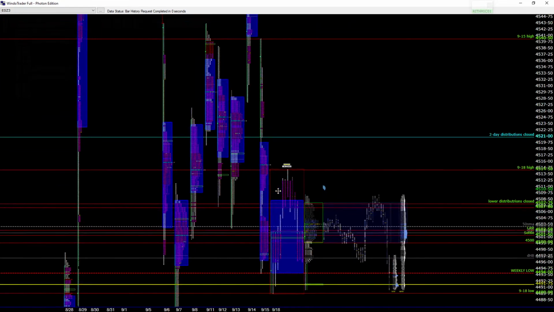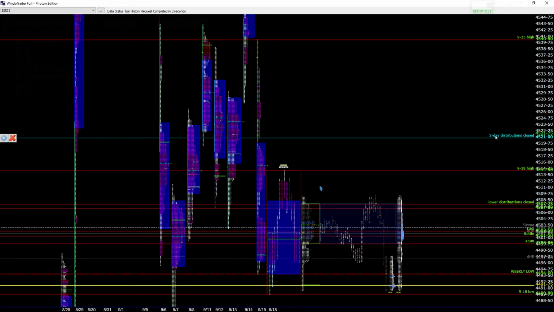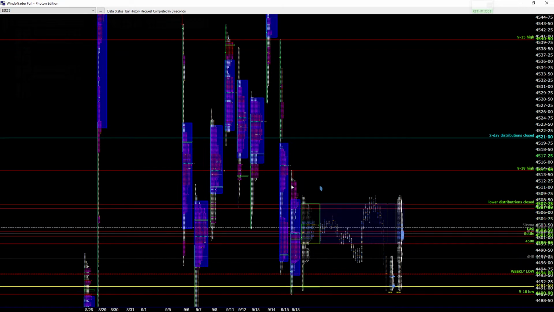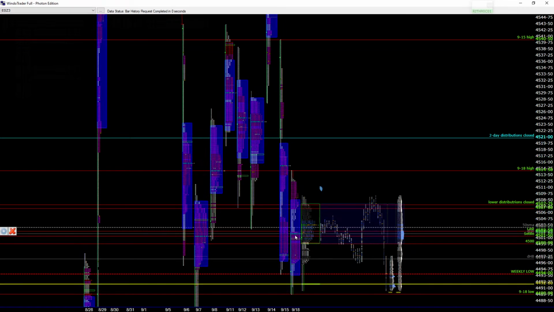And I will carry these distributions here, because what I see here is 1 day, 2 days, 3 days. Yesterday closed the lower distributions, which adds volume, so just put these three together, right? This distribution, this one, and what happened yesterday. Yesterday, we don't have any distributions.